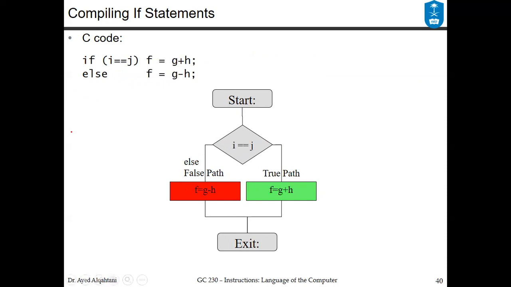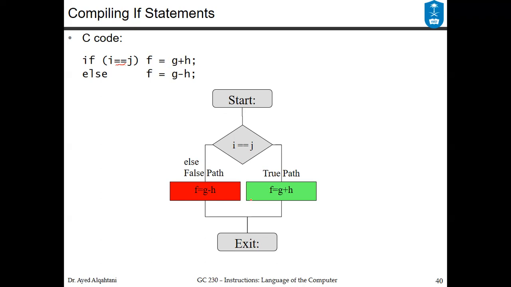Now, this is an example. If i is equal to j, make sure you remember this for the comparison. This is the equal comparison. If i is equal to j, then you calculate f equal to the addition, else calculate f equal to the subtraction.